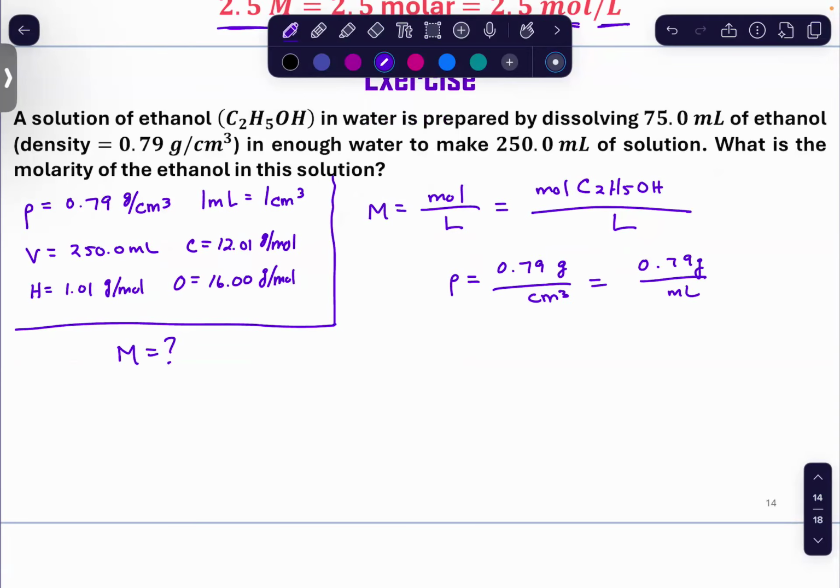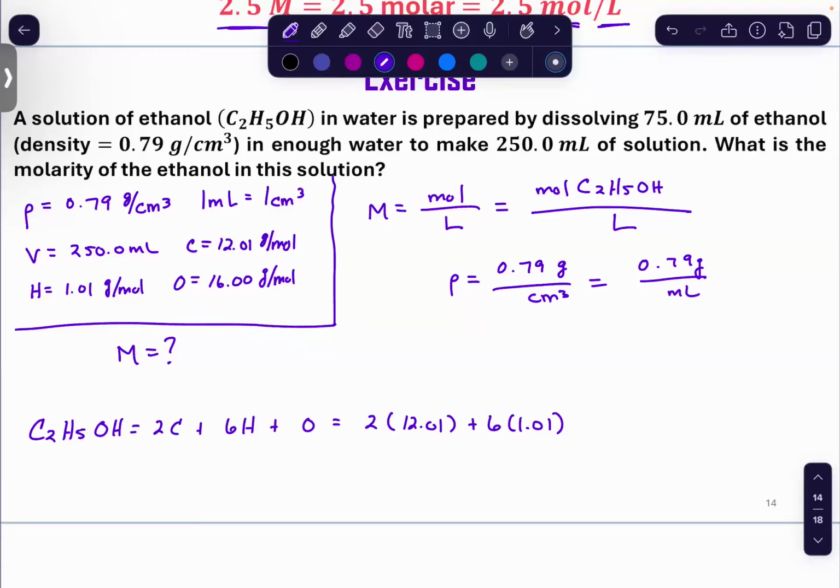Okay, so let's figure out the molar mass of ethanol. That's going to be 2 carbons plus, nope, not 5 hydrogens, you have 6 hydrogens, plus an oxygen. That's 2 times 12.01 plus 6 times 1.01, plus the oxygen. I'm still doing this whole process to figure out molar mass right now.